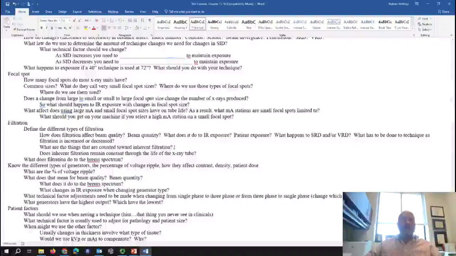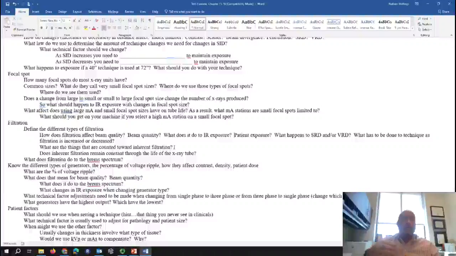So all the things counted towards inherent filtration we talked about, with the exception of tanning. Inherent filtration does not remain constant through the life of the x-ray tube because with tanning, what we get is vaporization of the filament, laying down a layer of tungsten on the inside of the glass, and that's going to increase our inherent filtration over the tube life. Because of heat, we get an increase in inherent filtration.